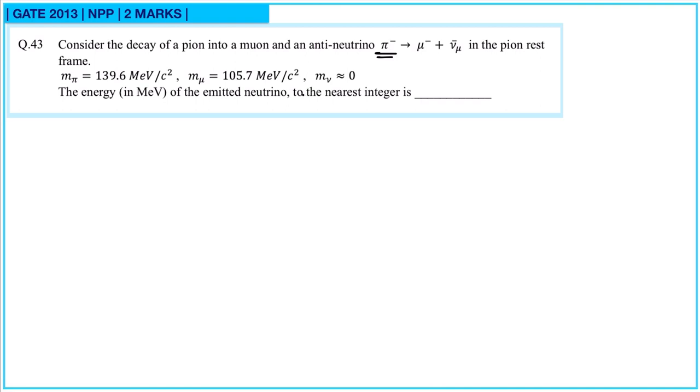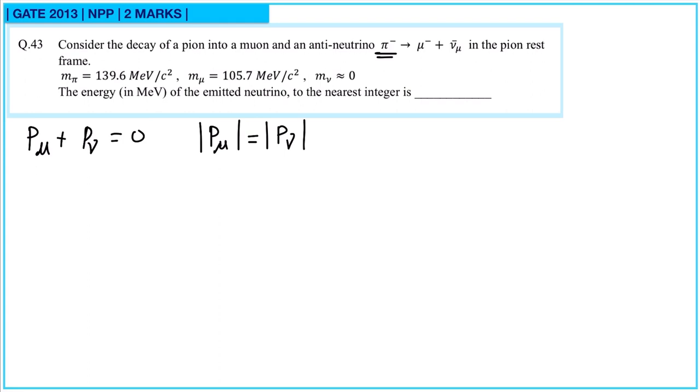The energy of the emitted neutrino to the nearest integer is. Now if initially it is at rest, that means its initial momentum is 0. That means the final momentum of this muon and neutrino will also be 0. So the addition of these two will be 0, so in magnitude they will be the same. So the magnitude of momentum of the muon and that of the neutrino will be the same.